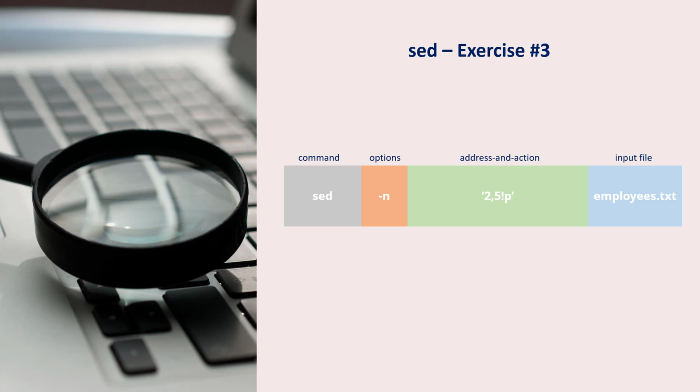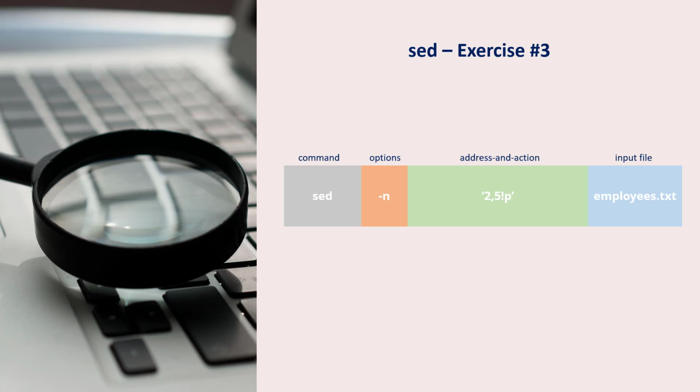So if we say 2, 5 exclamation, it means select all lines from the input file excluding the lines 2 through 5. As the input file has only 6 lines, this in effect means select line 1 and line 6 alone.